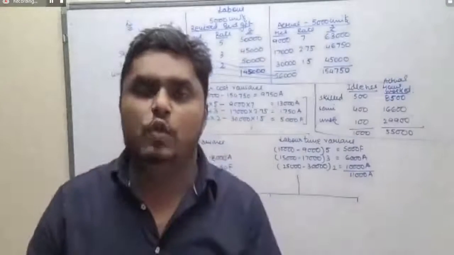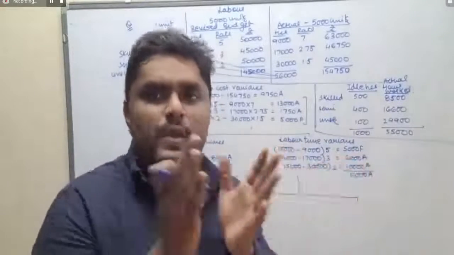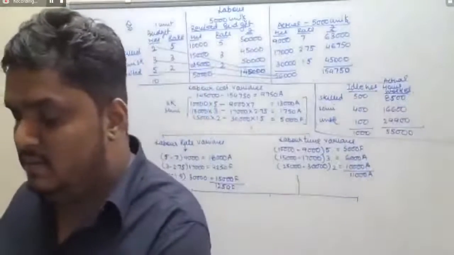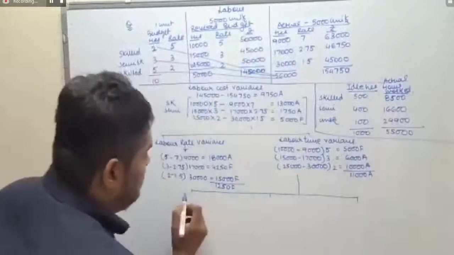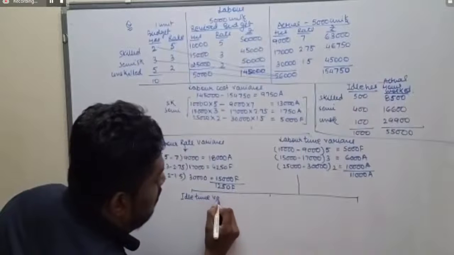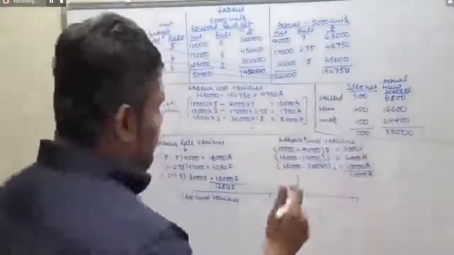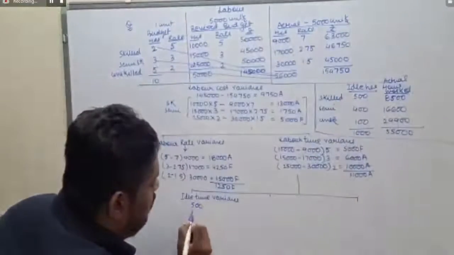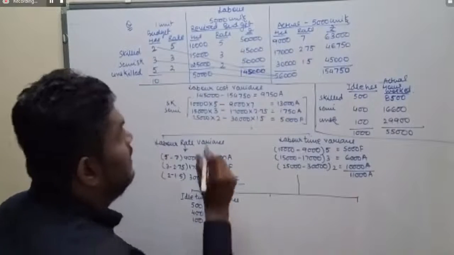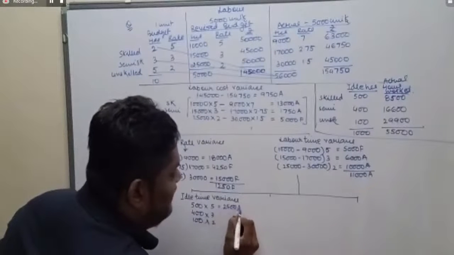Now, instead of breaking it in two parts, that is labor mix and yield, there will be three breakups. Separate variance will be calculated for idle hours. So first we will calculate idle time variance, guys. 500 for skilled, 400 for semi-skilled, and 100 for unskilled into the rate 5, 3, and 2, that is 2,500 adverse.